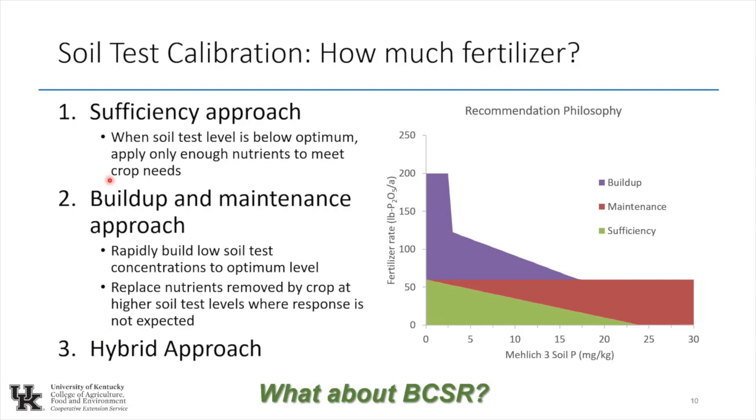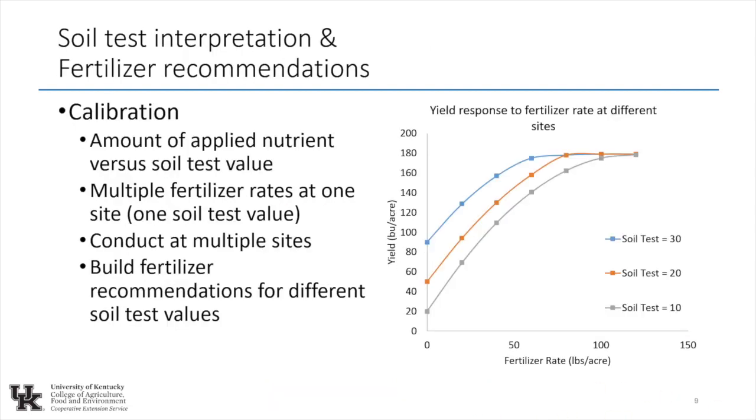With sufficiency, we say when soil test level is below the optimum or that critical level, we will only apply the amount of nutrients needed to meet the crop needs. And basically, we're saying only apply the yield maximizing rate. What rate is required to maximize yield? And so in its purest sense, we can pull that information directly from this calibration data.